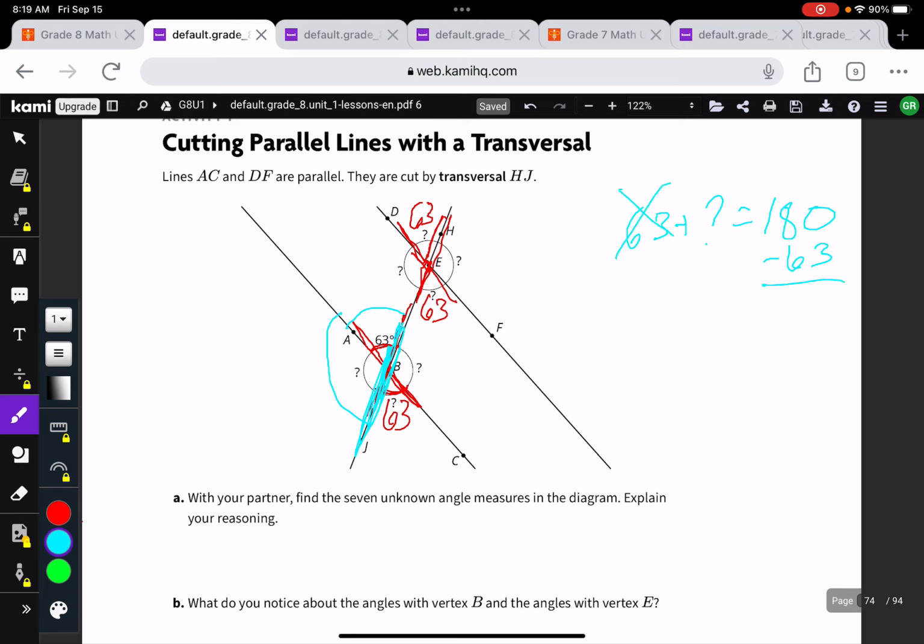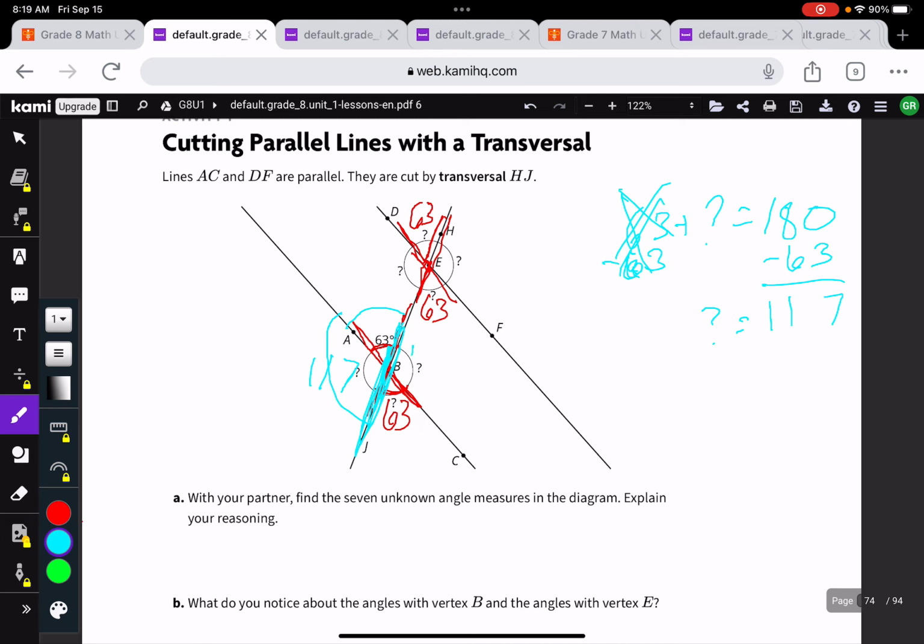Now we'll get rid of that. If I subtract 63 minus 63, I'm giving you guys a sneak peek in what we're going to be doing later on this year, and that's solving 1- and 2-step equations. And so the question mark, where x would equal 180 minus 63, I believe it'll be 117 degrees. So right here is 117 degrees.